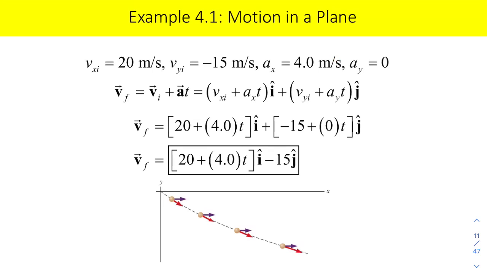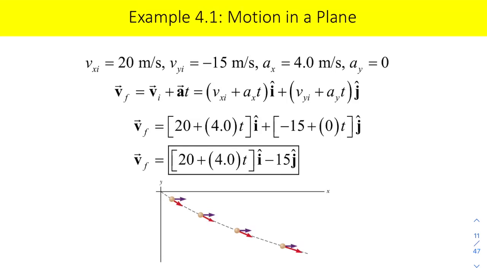So by making use of the first equation, v final equals v initial plus at, not to forget that within each of these you have x or i and j information. So you have v initial in terms of x is 20, a in terms of x is 4 times the t. You don't know the t yet.